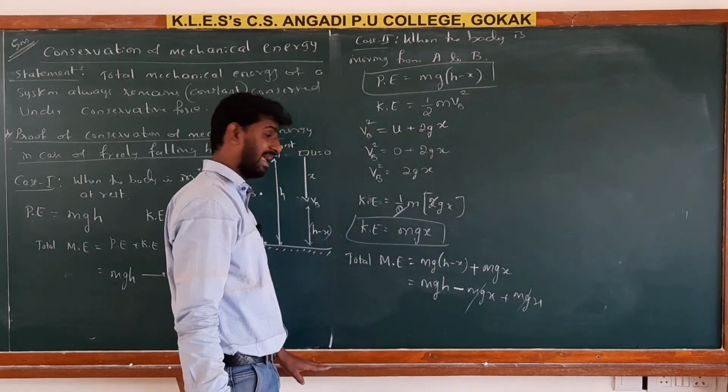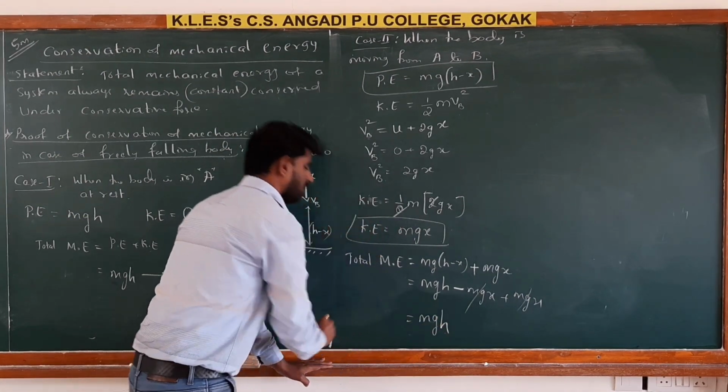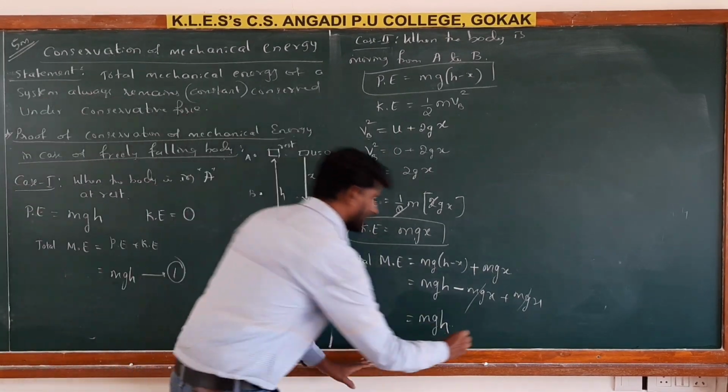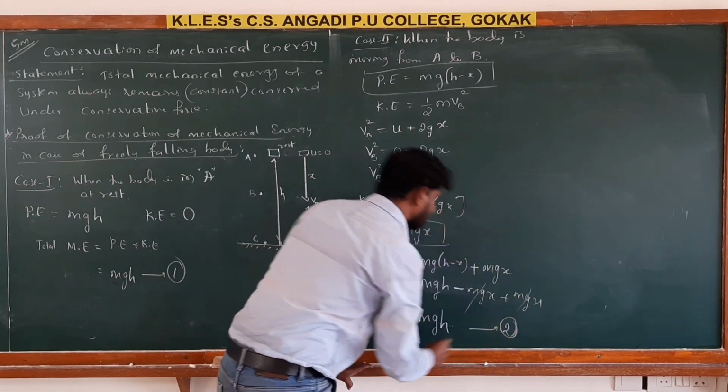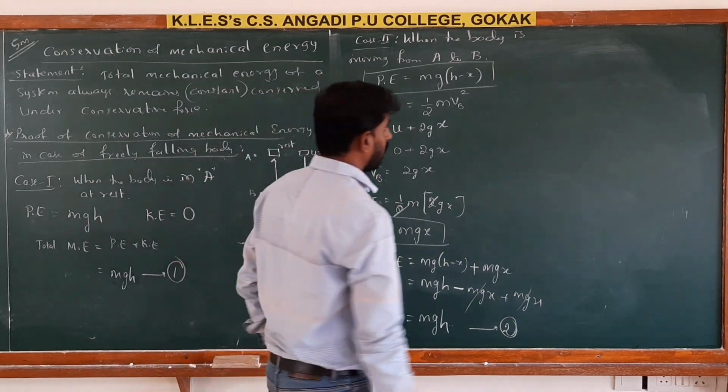The minus mgx and plus mgx cancel, so the total energy is mgh. So this is the second case. The first case gave mgh, and the second case also gave the same thing, mgh, which is the total mechanical energy. Okay, go for the third one.